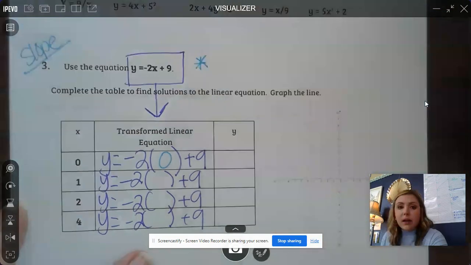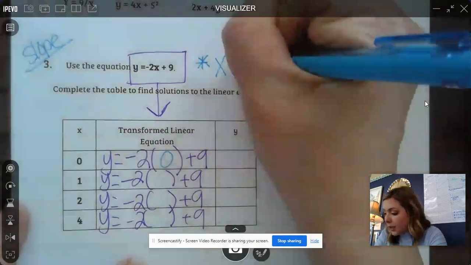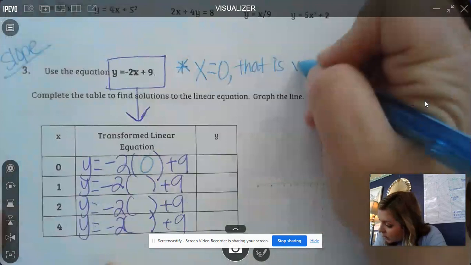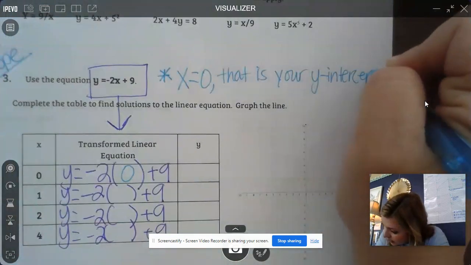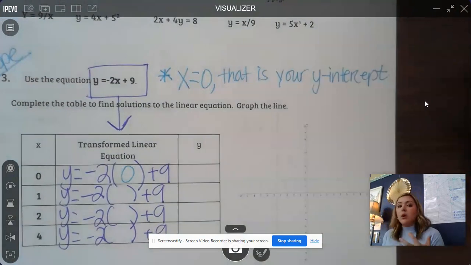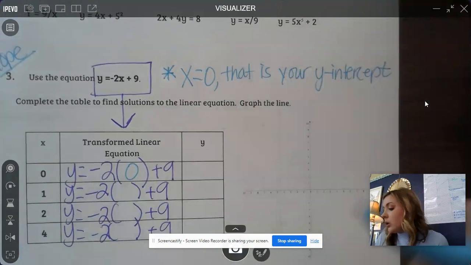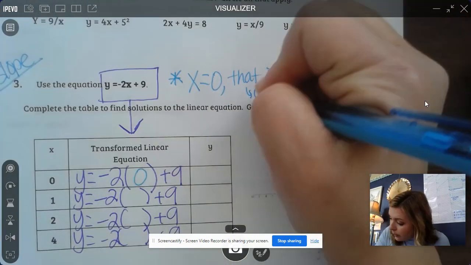Go right there to the side. This is a perfect note to study with. Wherever you see X being 0, that is your Y intercept. So wherever X is 0, the Y value is your Y intercept.